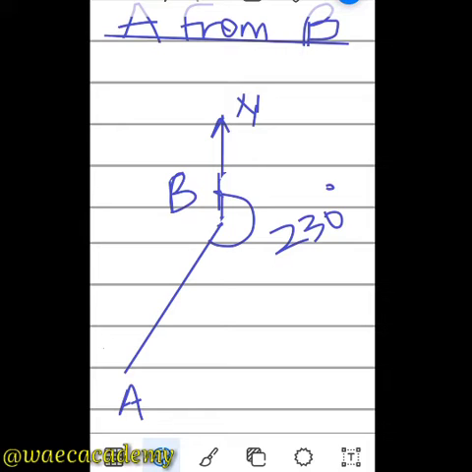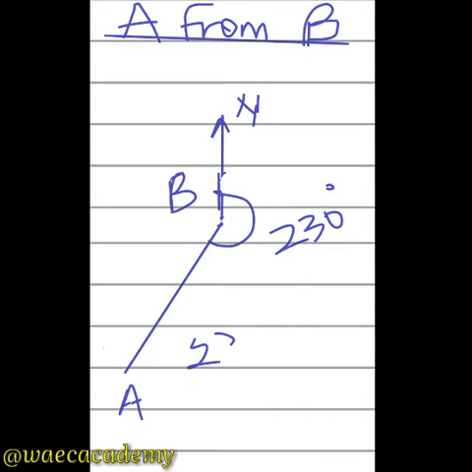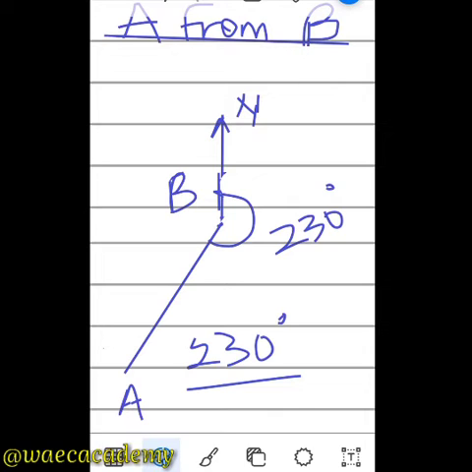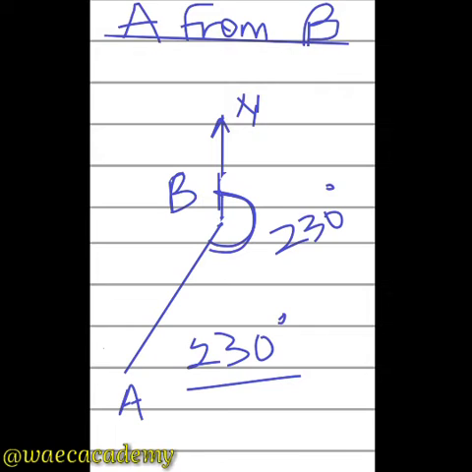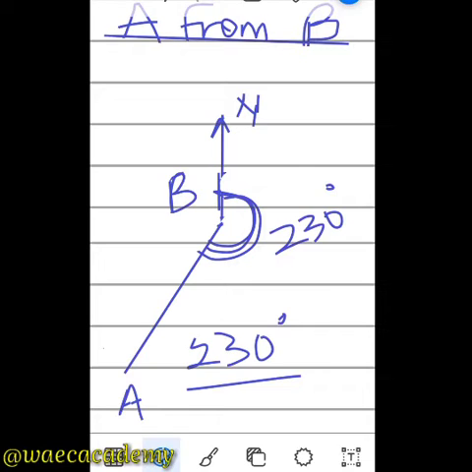Obviously, it is direct from the question. The bearing is going to be what? 230 degrees. Why? Because it is the angle from north to A in a clockwise direction. Always remember that. The angle from north till you get to the place you are going towards in a clockwise direction is the bearing when you are doing three-figure bearing. Okay, so that is easy.